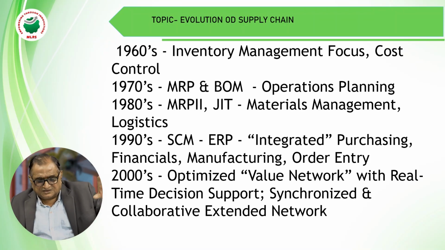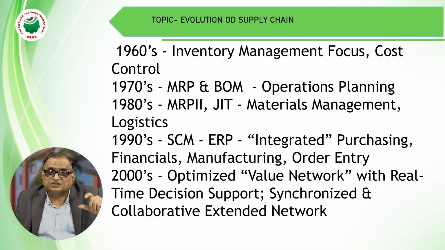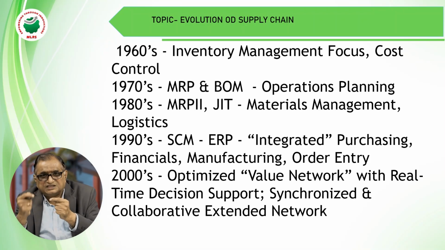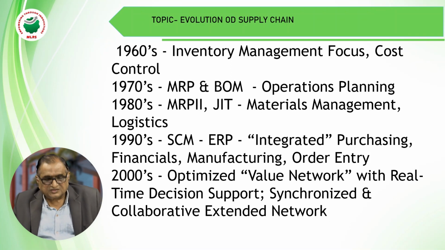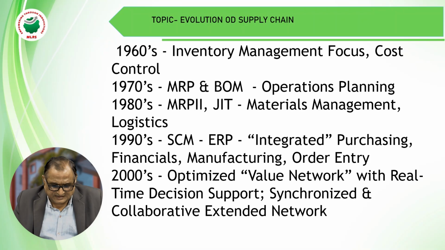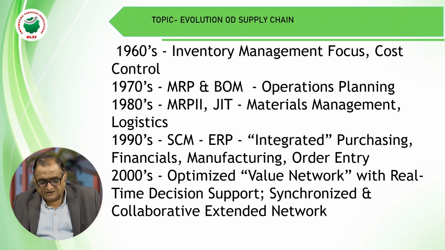That is materials management, which looks at costing and the cost effectiveness of each and every material. In the later stages, the 1990s, SCM, supply chain management, and ERP, which were very popular in those days.